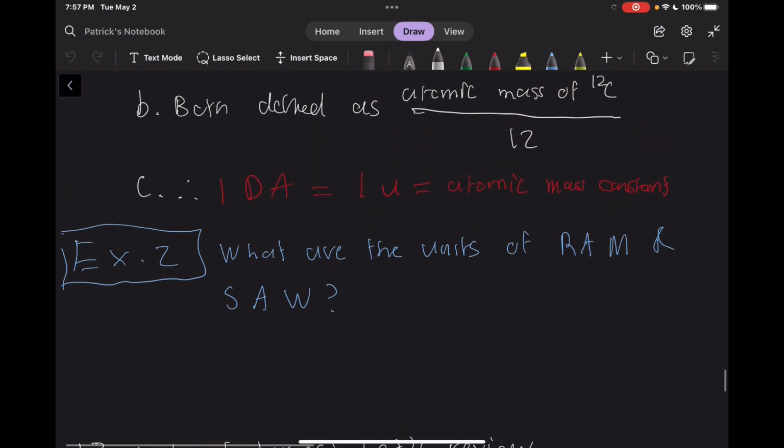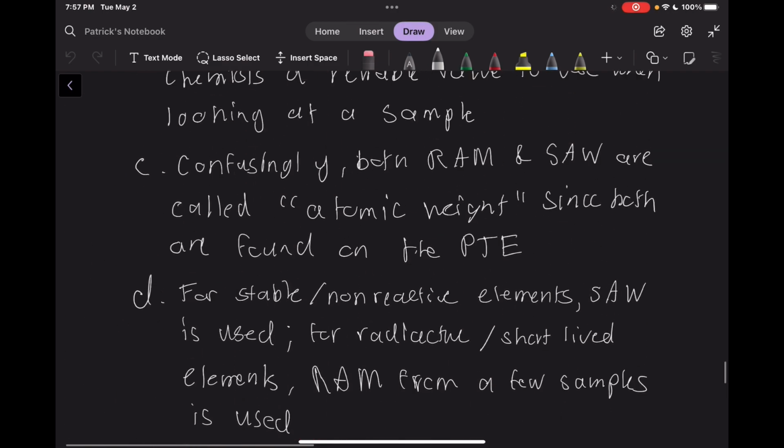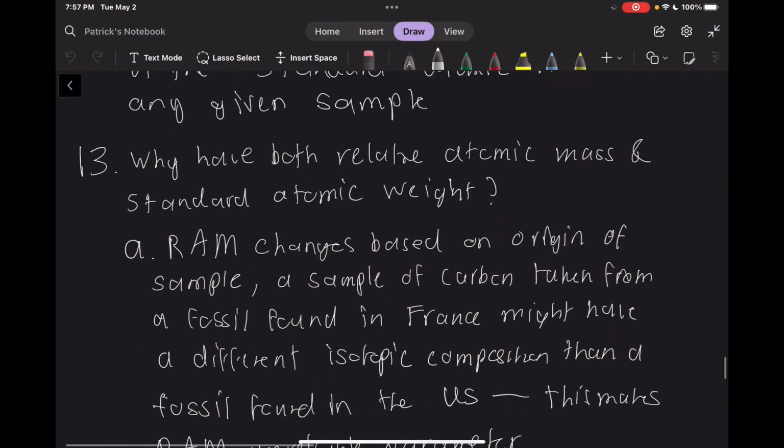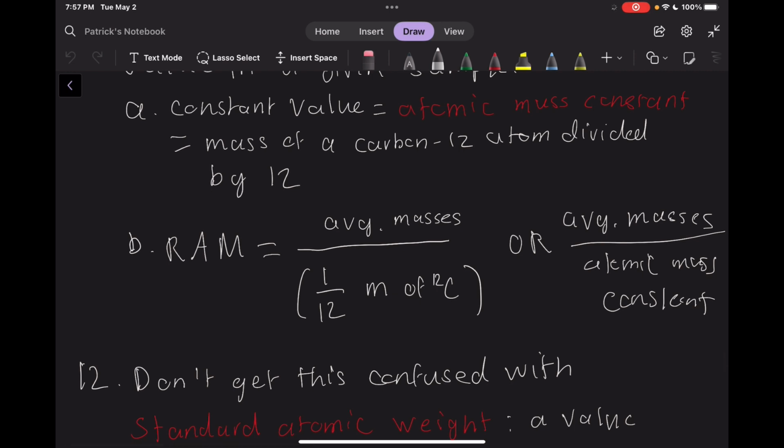If we move up a bit and look at our definition of RAM, right here, we will see that the RAM is equal to the average masses of isotopes divided by 1/12 the mass of a carbon-12 atom. Now, both the masses of isotopes, which are the atomic masses, and 1/12 the mass of a carbon-12 atom are measured in Daltons, or in unified mass units.